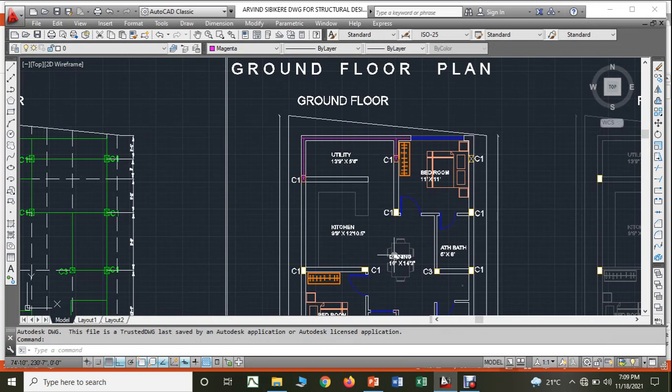I already told you that before we start the first analysis, we will not know the exact beam and column dimensions. But in order to model and analyze it, we are supposed to consider some preliminary dimensions of the beams and columns.